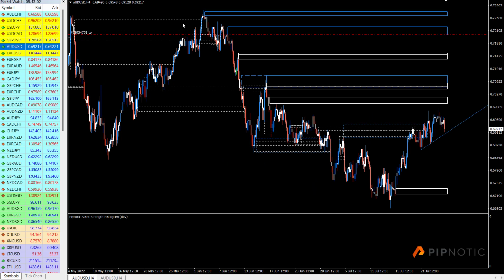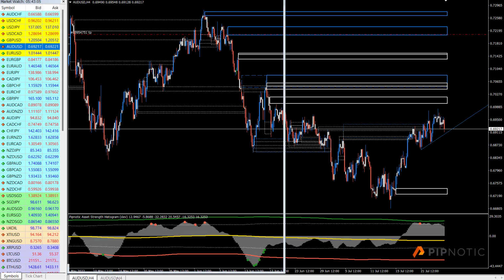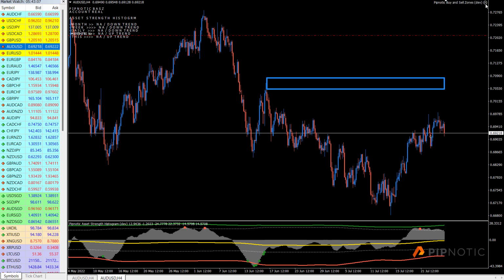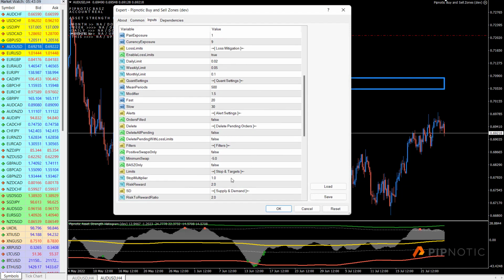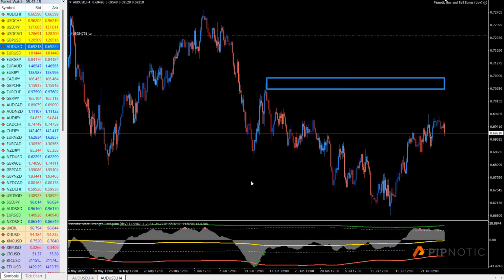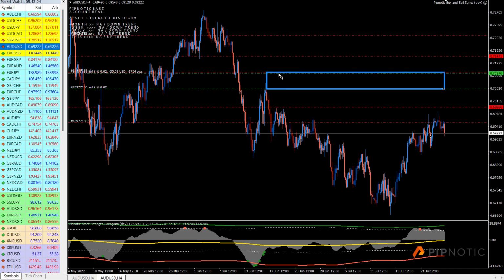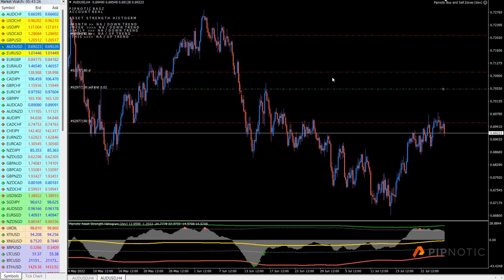Here, this is the Aussie USD. So we go to the 4 hour chart, and we have this area here. I'm just gonna change this a little bit. Put this 1.5. I'm gonna switch that on, and I'm gonna move it up there because I like this one a lot better.